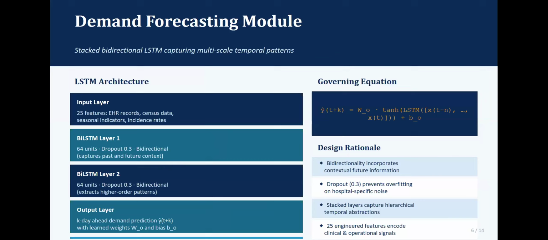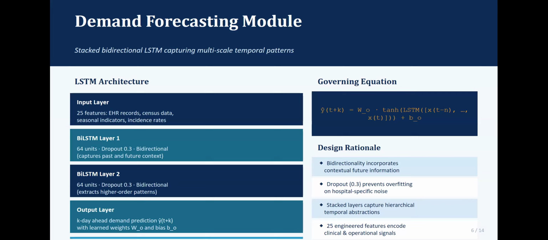For the LSTM architecture demand forecasting module, we had 25 features existing in the EHR records, that is electronic health records, and census data with respect to seasonal indicators and incidence rates as well. As I have told you, we have used bidirectional LSTM in 2 layers. One is 64 units with a dropout of 0.3, which is bidirectional and governed by the equation provided.